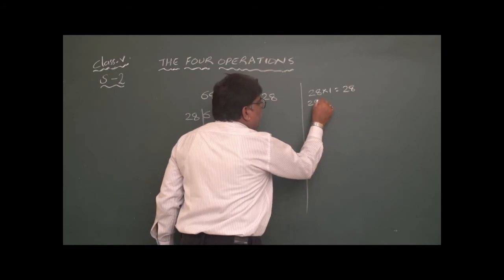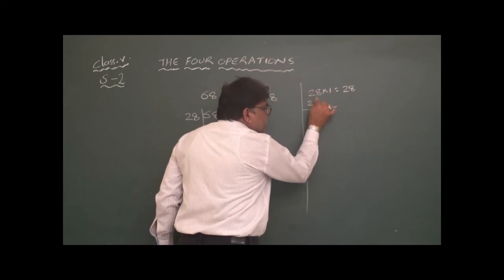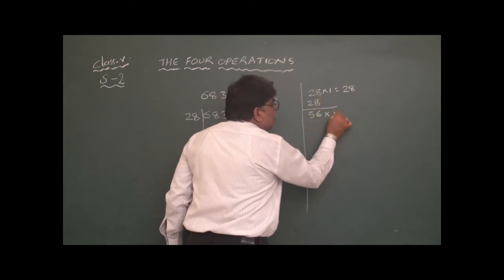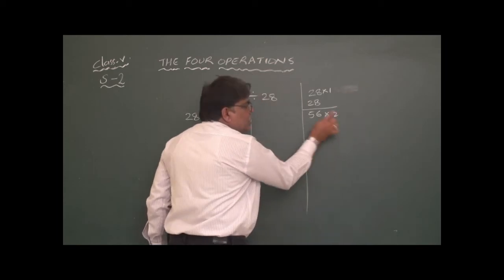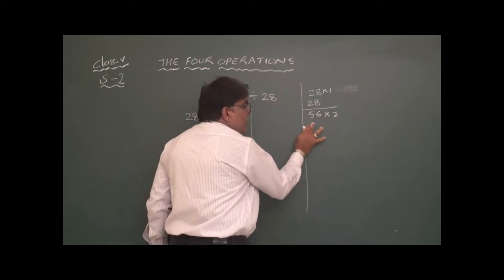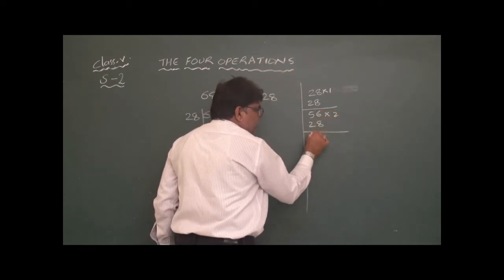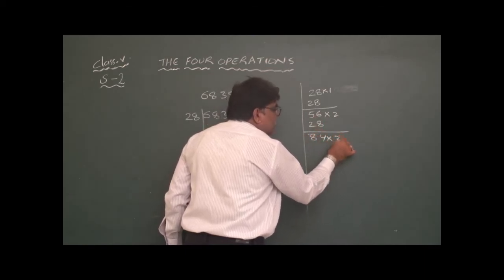Again add 28, this is the second time, so you get 56. It is the 2 table. For our convenience, I am using the 2 table. Again add 28. 8 plus 6, 14. Then 5 plus 3, 8. 84. It is the third table.